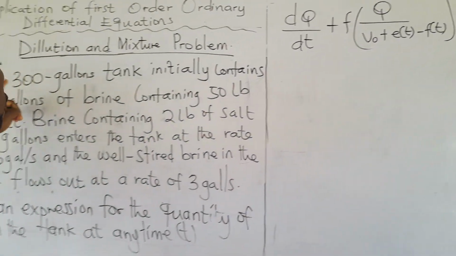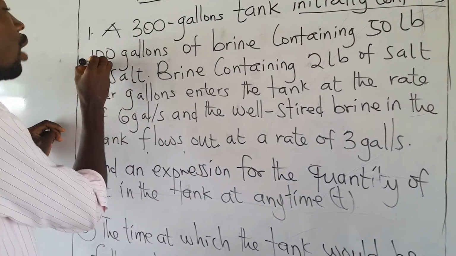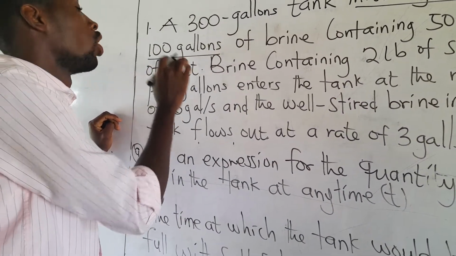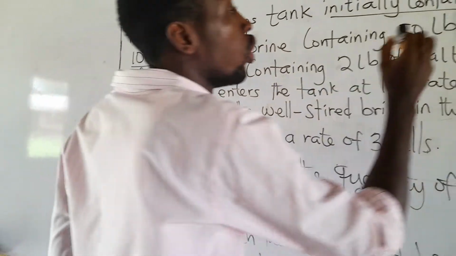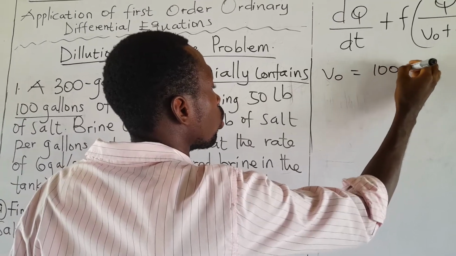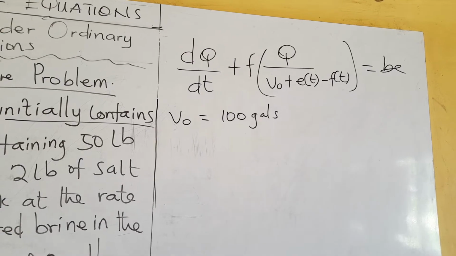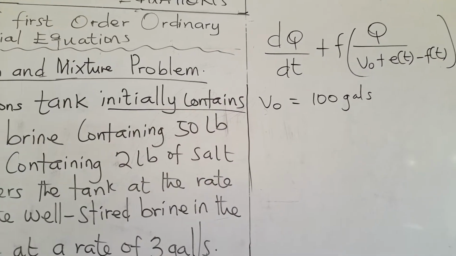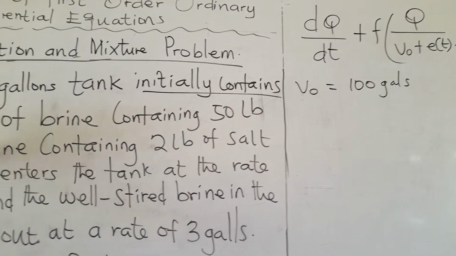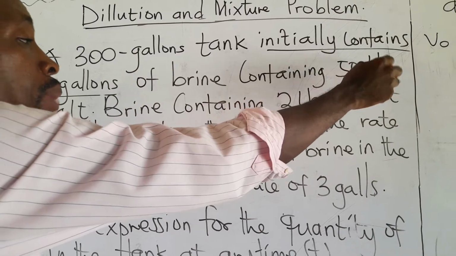So let's count. They say a 300-gallon tank initially containing 100 gallons of brine. So we can say this is our V naught, our initial volume. So V naught is equal to 100 gallons. Then the initial quantity of salt in the tank is 100 gallons of brine containing 50 pounds of salt.